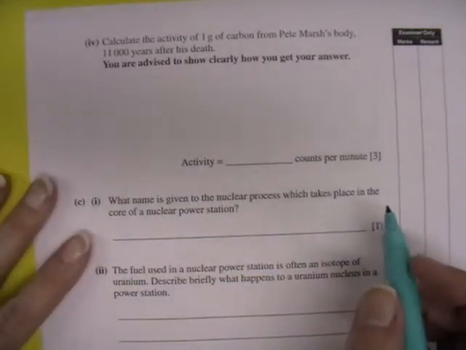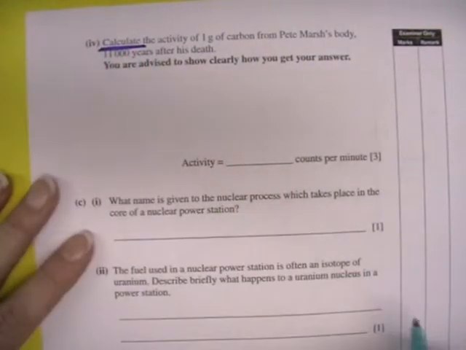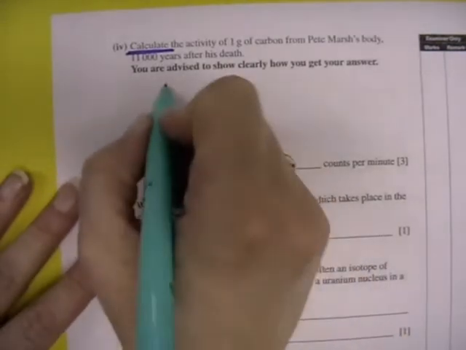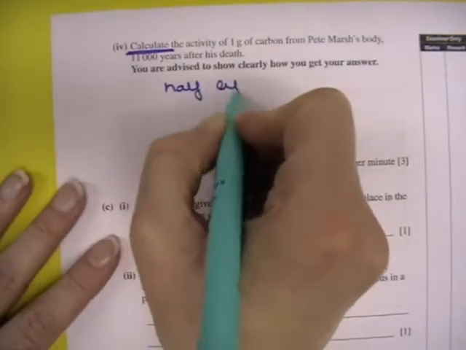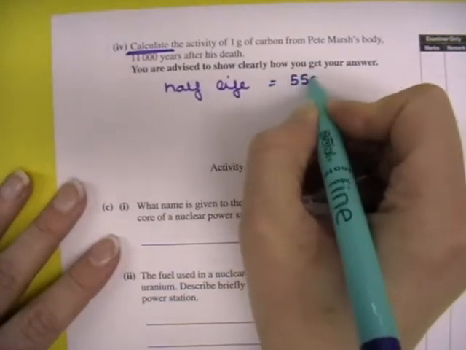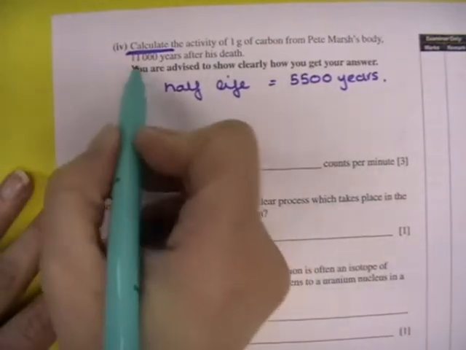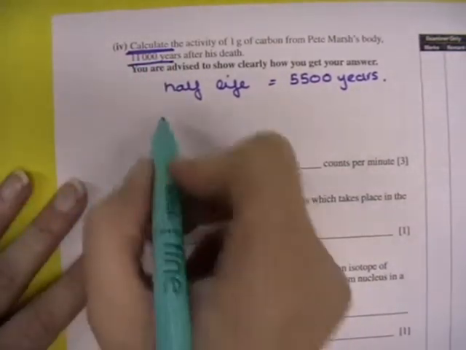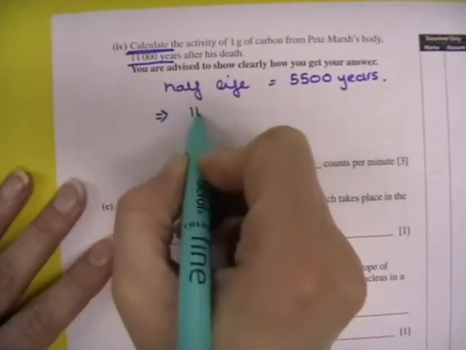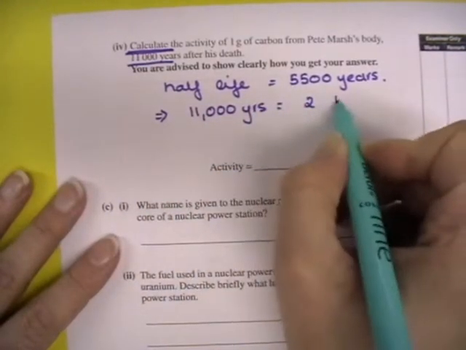So we don't necessarily need to use the graph this time because it does say calculate. Right, the half-life we found in the earlier question was 5,000 years. So 11,000 years after his death is 2 half-lives.